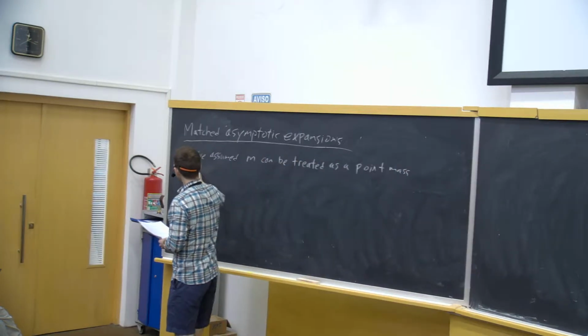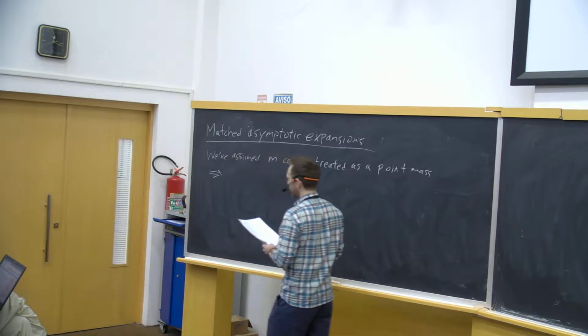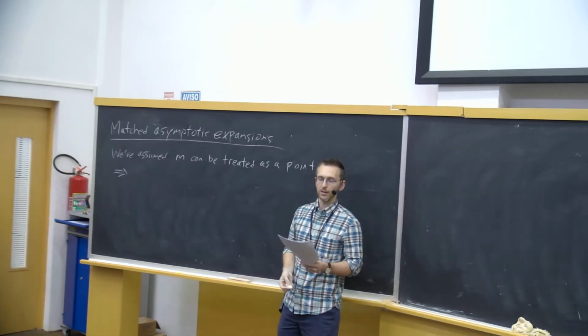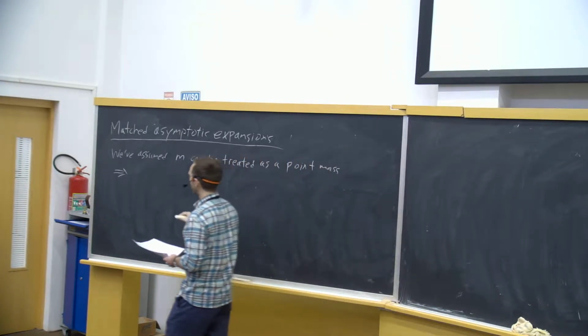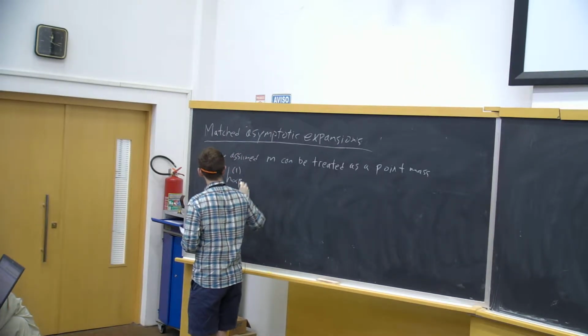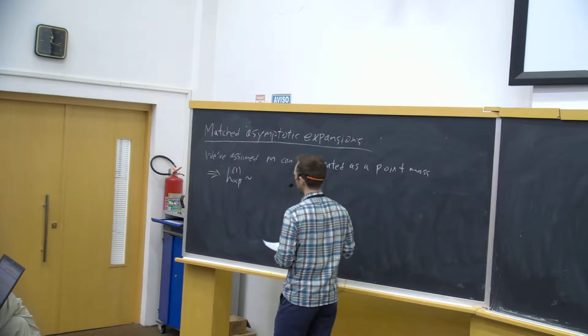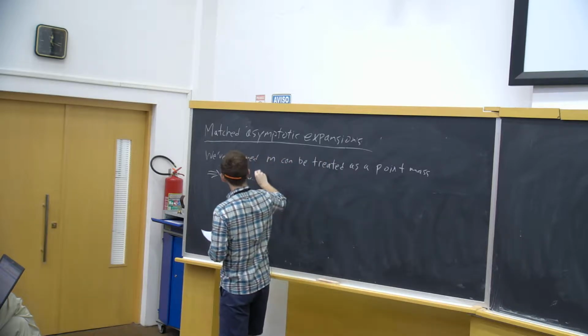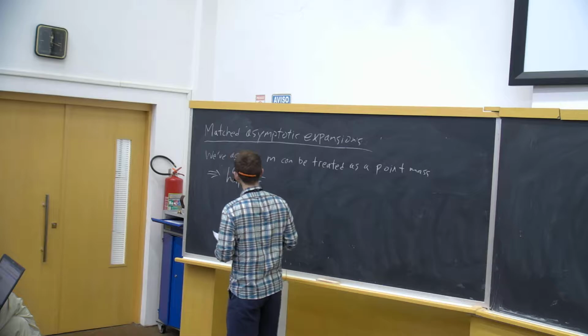So if you have a point mass, just like in Newtonian gravity or in basic electrodynamics, the field generated by that point mass is going to look like m over r.